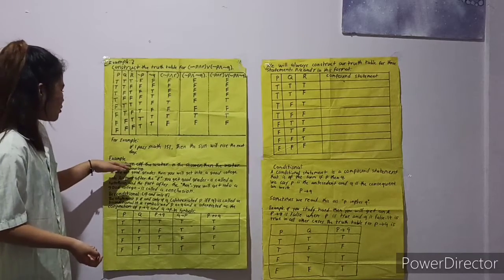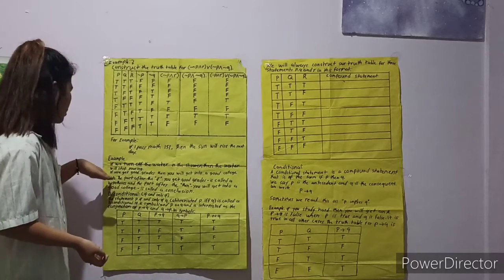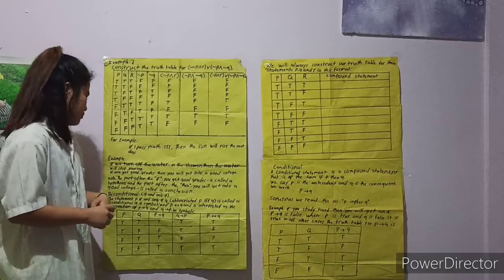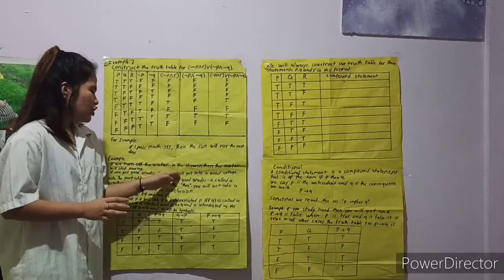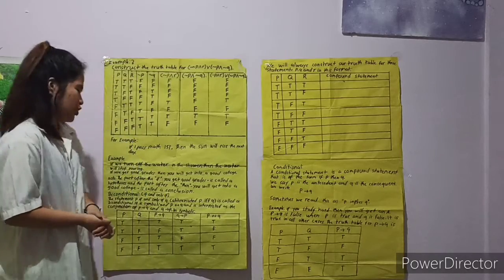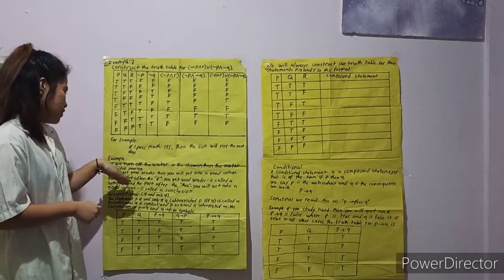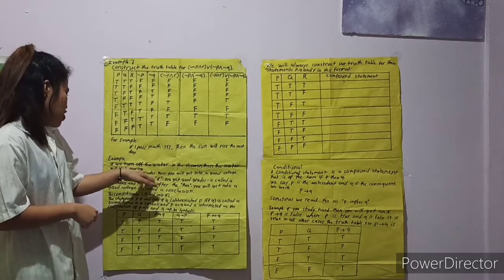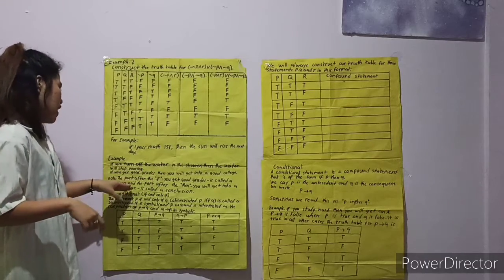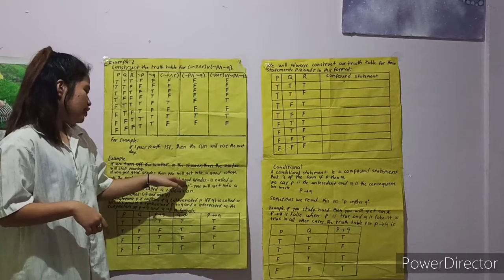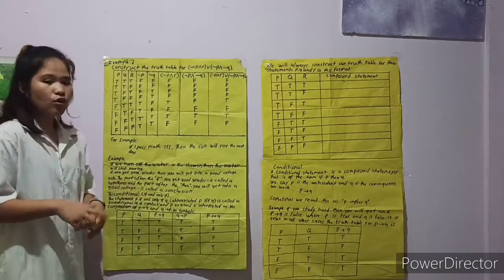Example, if you turn off the water in the shower, then the water will stop pouring. If you get good grades, then you will get into a good college. Take note that the part after the if, you get good grades, is what you call the hypothesis. And the part after the then, you will get into a good college, is what you call the conclusion.